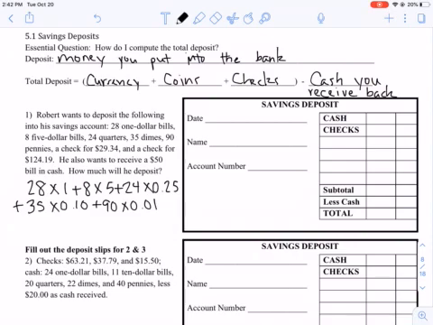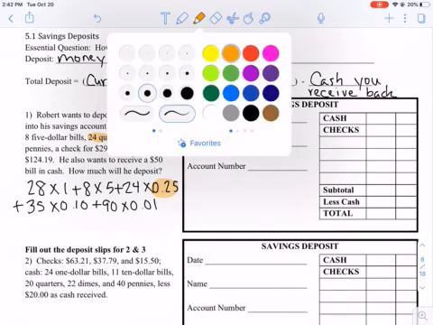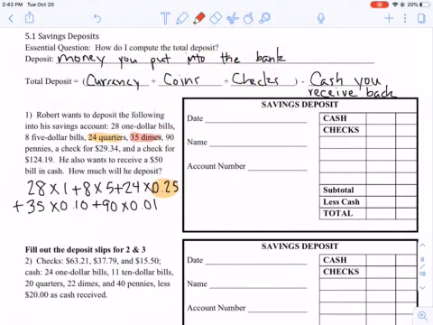So key thing to look out for here is that this is what a quarter is equal to. This is what a dime is equal to. And this is what a penny is equal to.